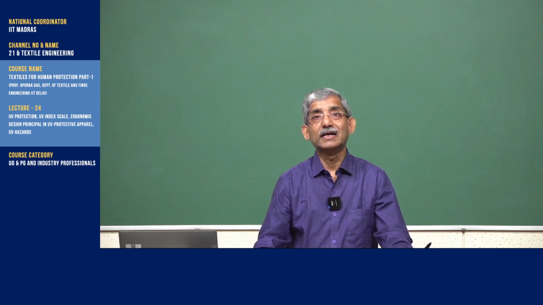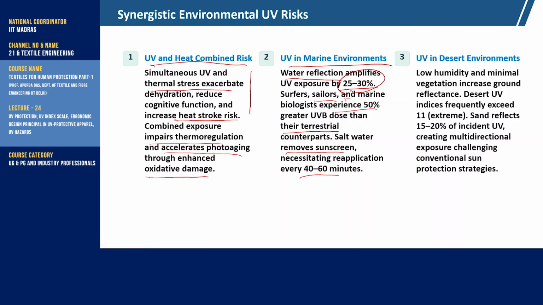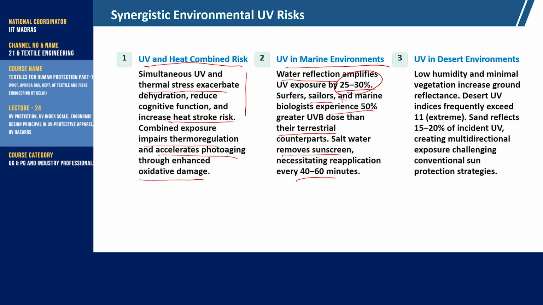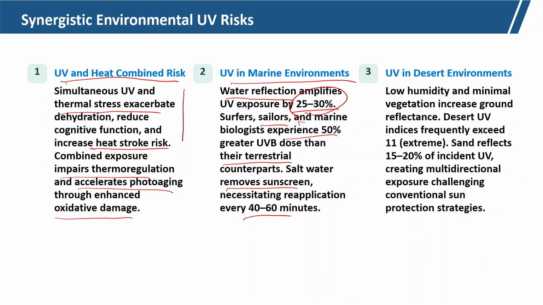And UV in desert environment. In the desert, as we have mentioned, the sand reflects the UV 15 to 20%. The main problem there is low humidity, because moisture particles scatter the UV ray or absorb it to some extent, and minimal vegetation.